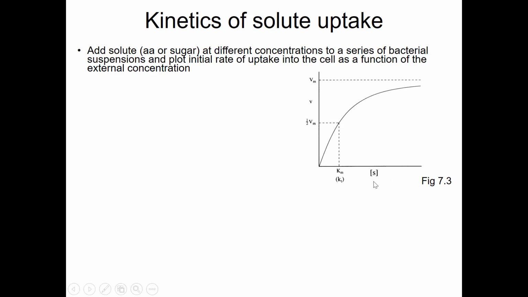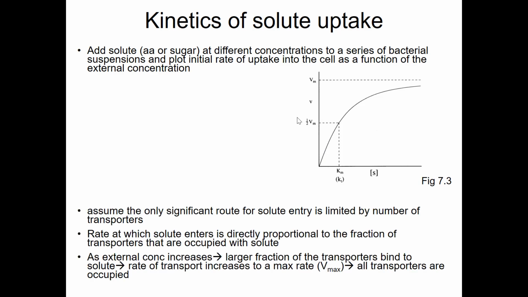So S is the concentration of the solute, so less to more of a sugar, and then V is the rate of uptake, so how much of that sugar is being taken up into the cell. We are going to assume that the only significant route for solute entry is limited by the number of transporters.